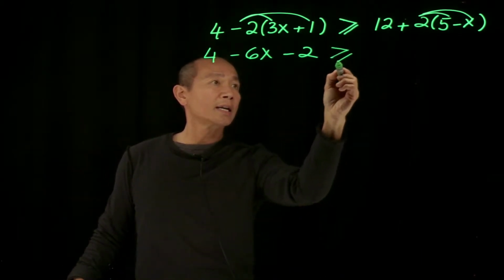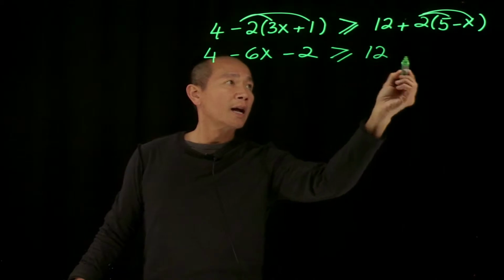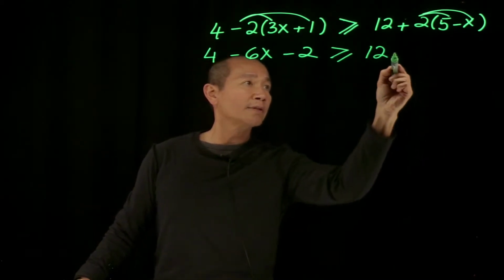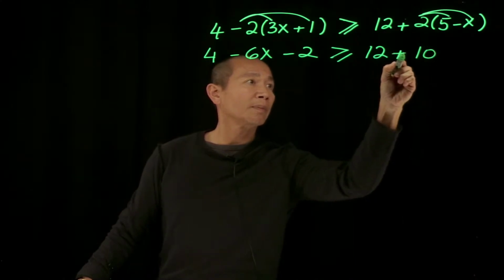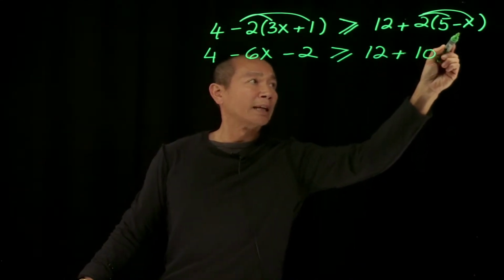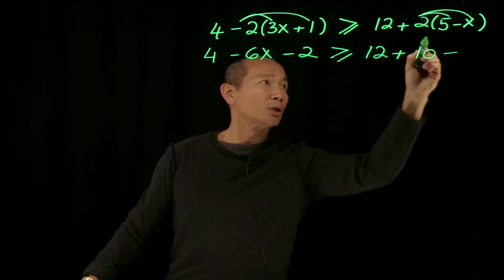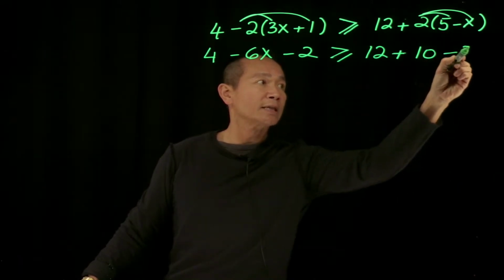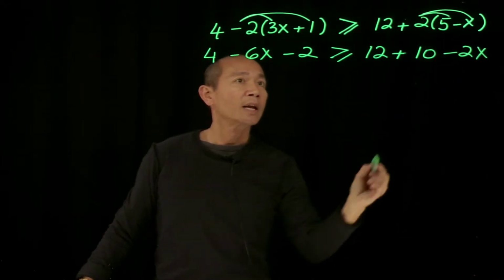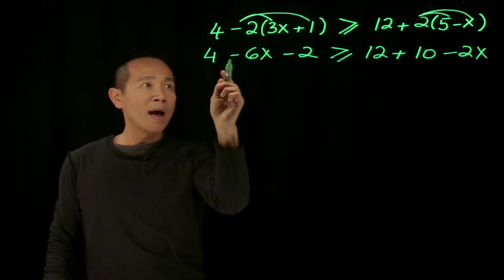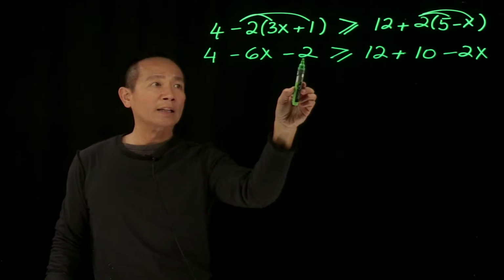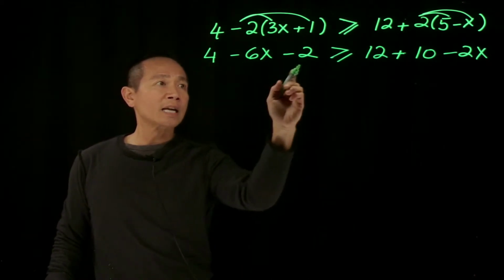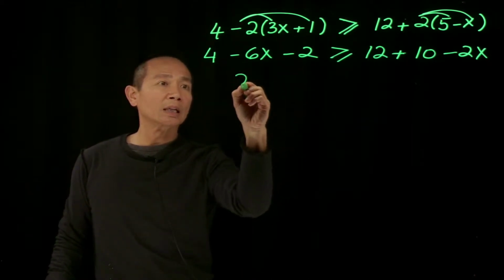And then over here, I have 2 times 5, 10, and 2 times -2x... 2 times -x, -2x. And you have to combine like terms. Here you have 4 and -2. 4 take away 2 would be 2.